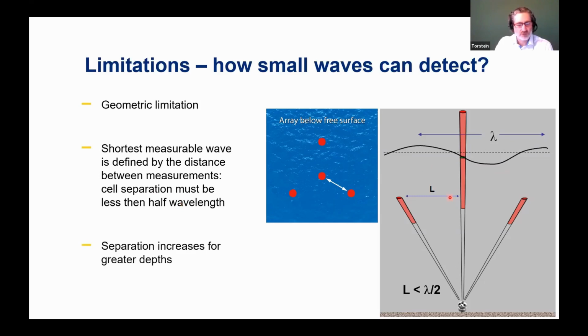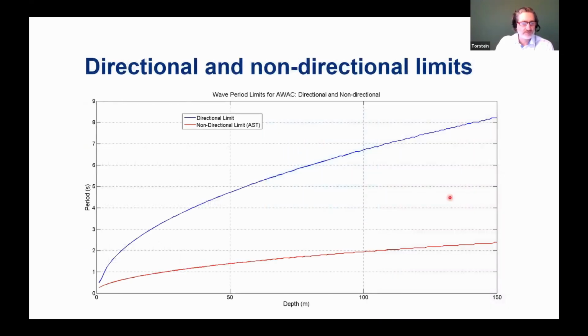It becomes much more clear if we plot this out. What I've plotted here is the limitations with depth for the acoustic surface tracking and then the directional processing. So if we put this Awak out at 100-meter depth, you could see for the AST, we can measure parameters of height and period as short as 2 seconds, which is really great.